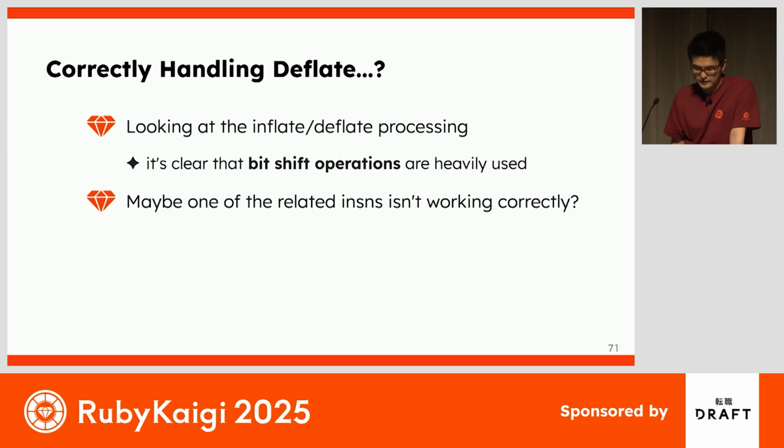But looking at the code, I could see that bit shift operations were heavily used. So I decided to first verify if the bit shift and other numeric instructions were correct.